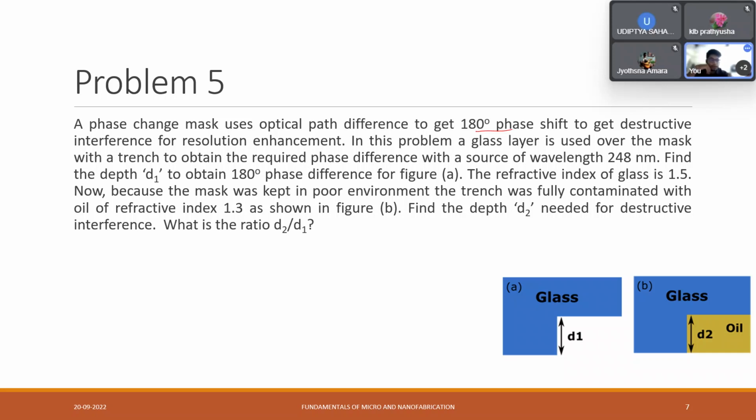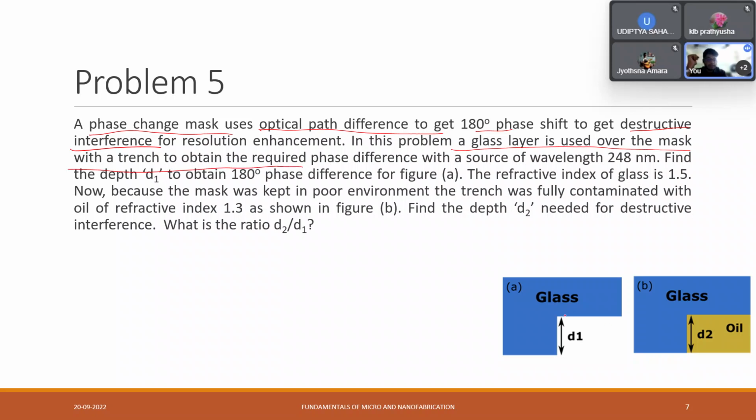So we have this phase shift mask here. This phase shift mask uses optical path difference to get a 180-degree phase shift to get destructive interference, and this is done for enhancement in resolution. So in this problem, a glass layer is used over the mask with a trench.